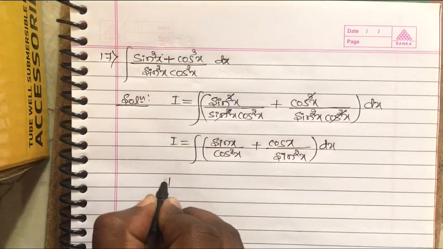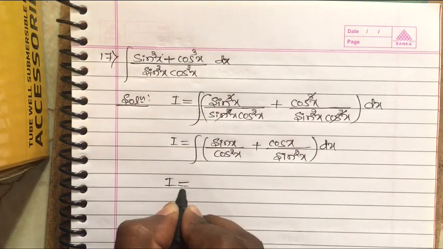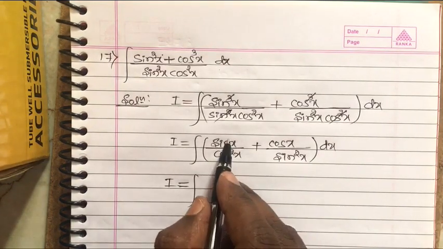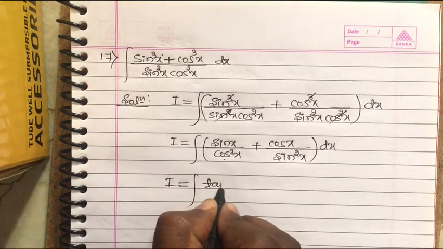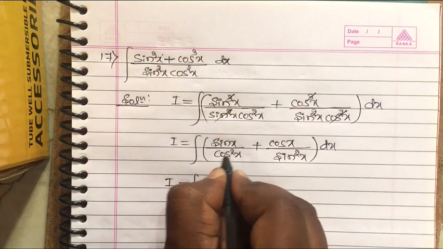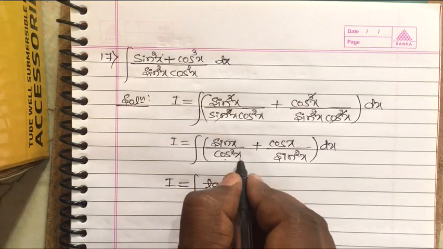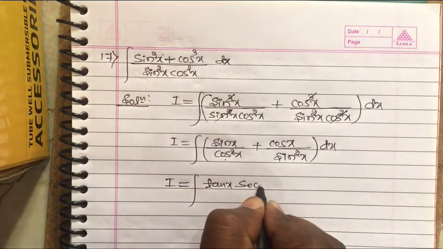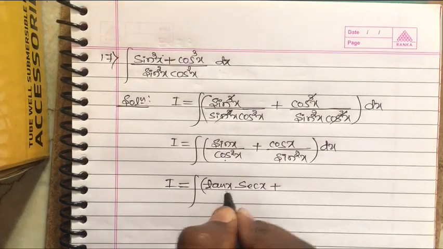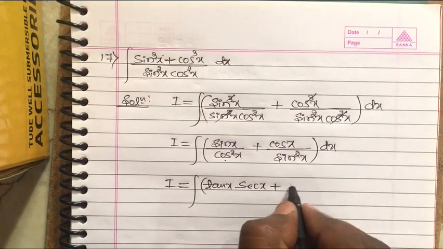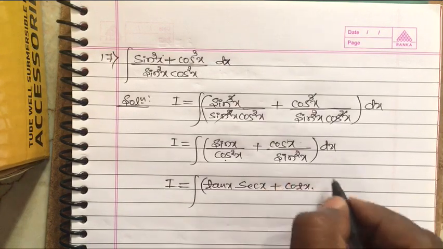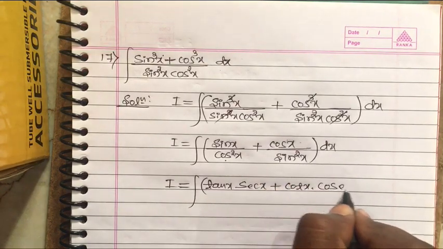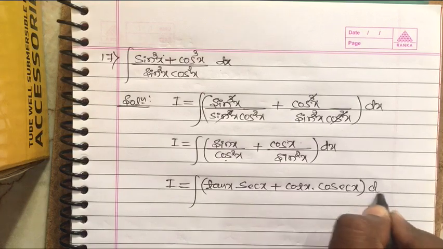So I equals integral. Sin x by cos x can be written as tan x, and one more cos is there in the denominator; 1 by cos x will be secant x. Plus cos x by sin x will be cot x, into 1 by sin x, which is cosecant x dx.